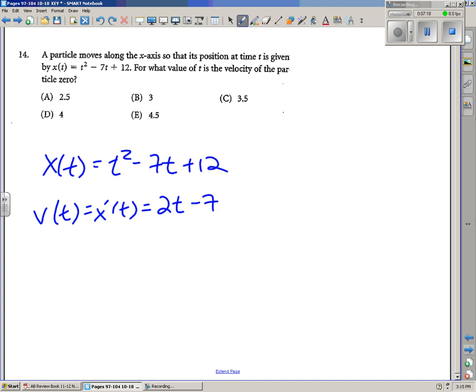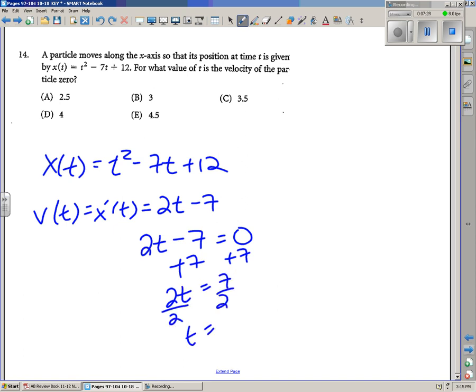And we want to set that equal to 0 because we want to find out when the velocity is 0. So some really quick math here. t equals 7 over 2 or 3.5. That should be probably the easiest question you may have ever done this year.